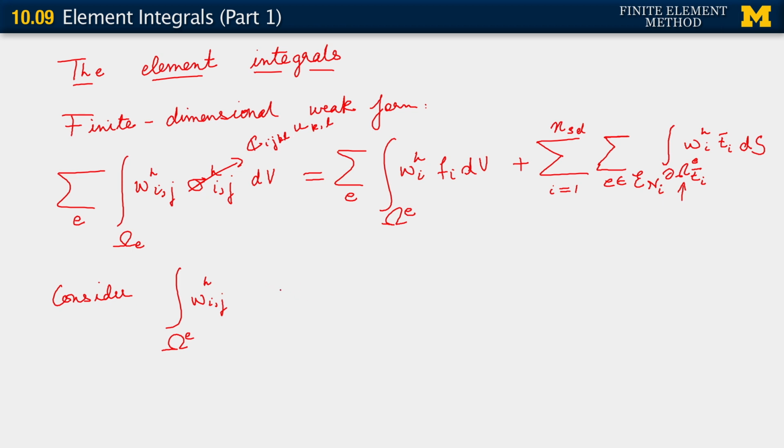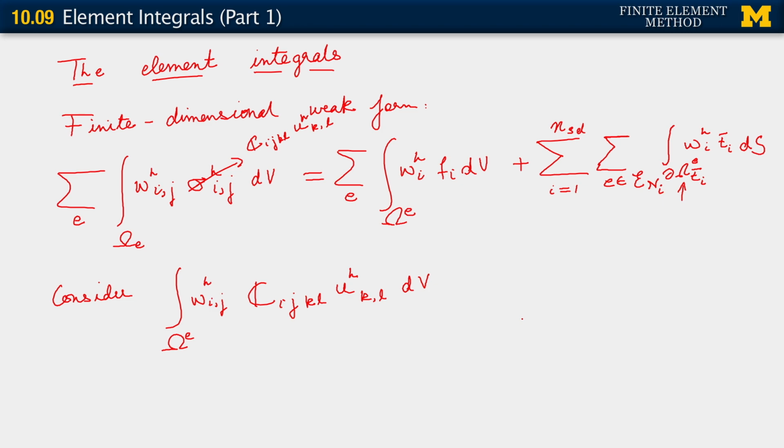Okay, so sigma^h_{ij}. Oh, if I'm going to use a sigma^h, I need to have an h there, right? Because that's where the finite dimensionality of this comes in. Okay, so we have here C_{ijkl} u^h_{k,l} dV.